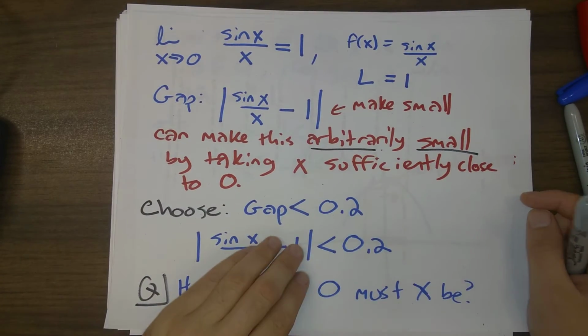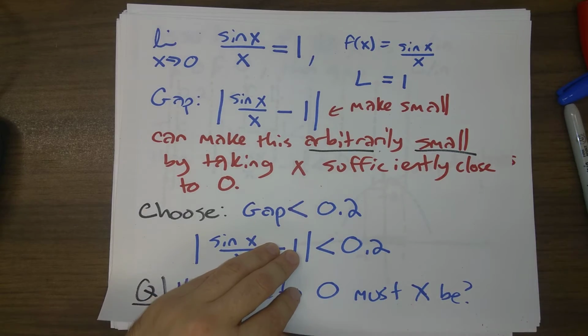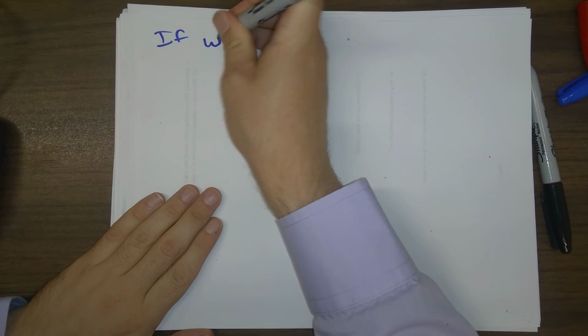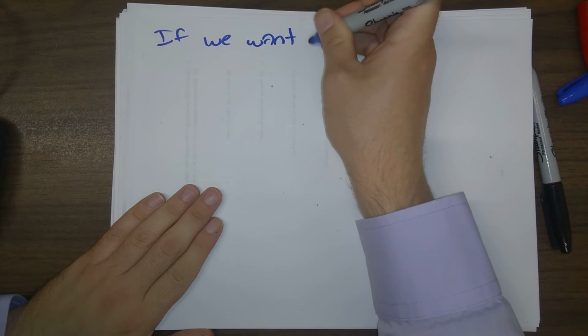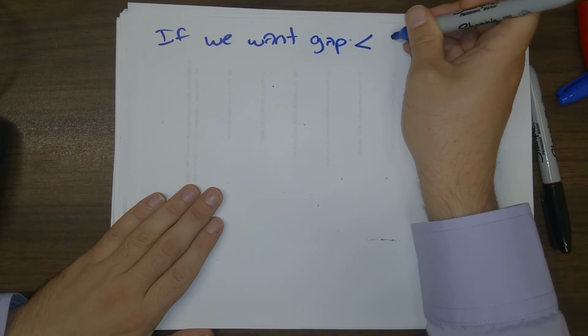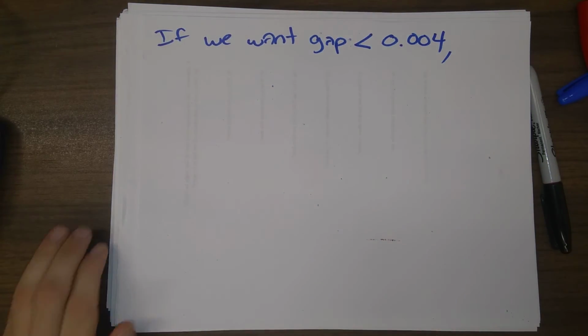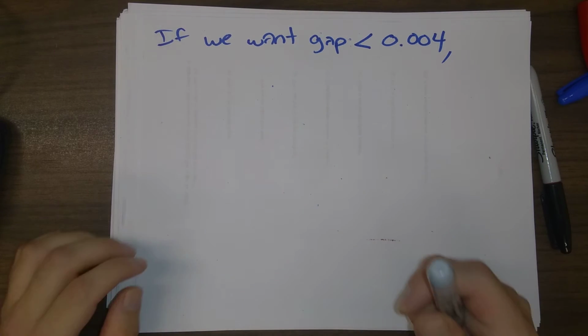But arbitrarily small means I could have chosen something else instead of 0.2. So instead, if we want the gap to be less than 0.004, here's a different gap, an even smaller, arbitrarily small gap.